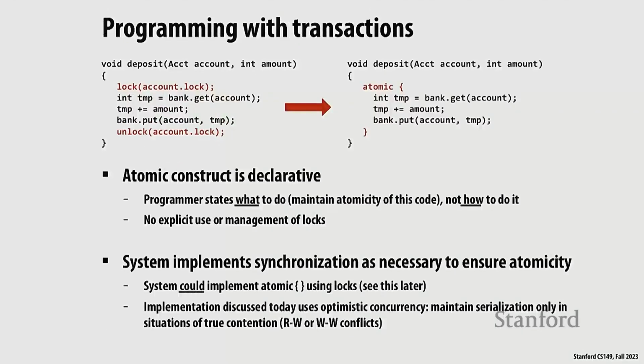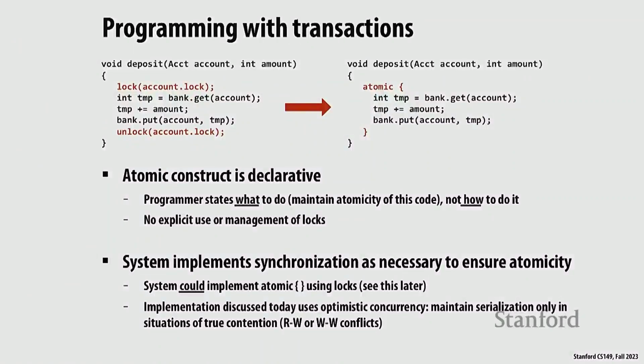However, if you were using transactions, you would just wrap the atomic construct around the whole contents of the deposit method, and you're declaring to the system that you want this sequence of statements to be atomic. So the thing to take note of is that atomic is declarative.